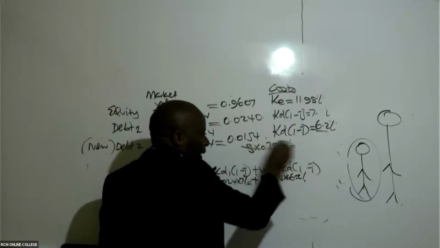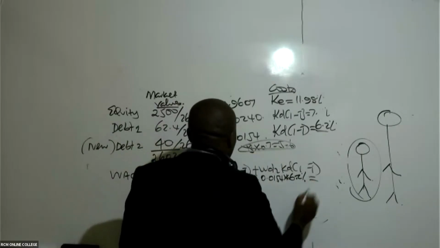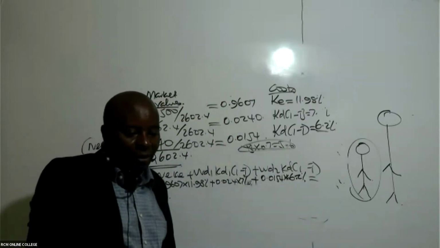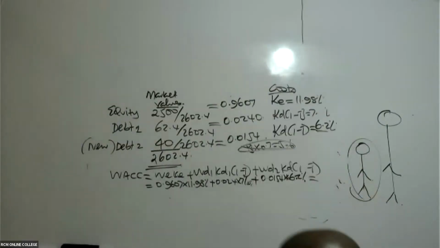So this figure is tax adjusted. Please go ahead and give us this WACC. Is there somebody who can give me this WACC before I answer Francis, which is a very good suggestion?